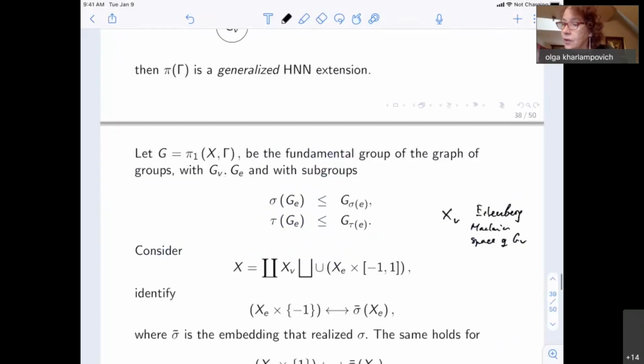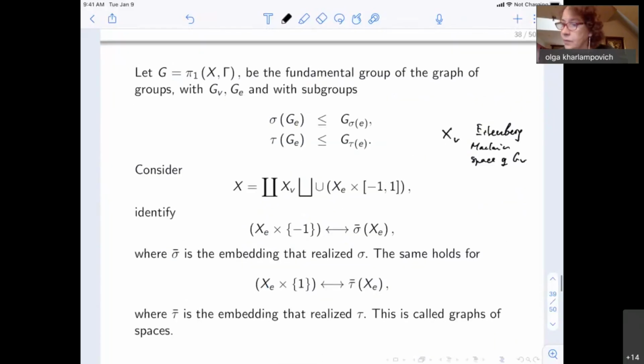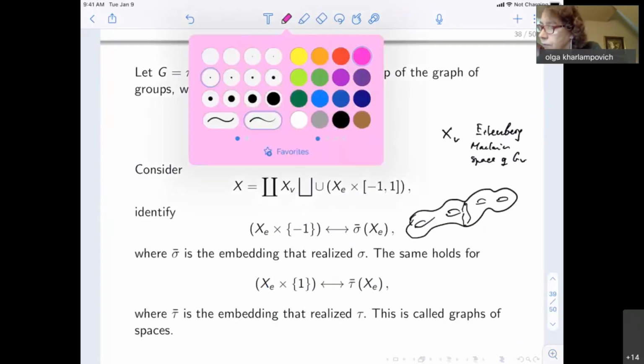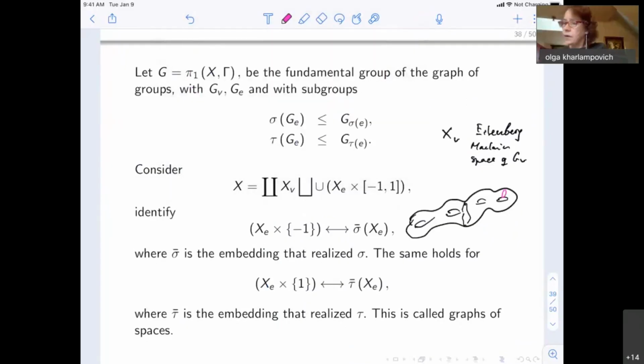Now, here I'm talking about spaces, something like this. Let's consider some complicated surface, right? Like this, and maybe curves. When I show these two curves, then what do we have?